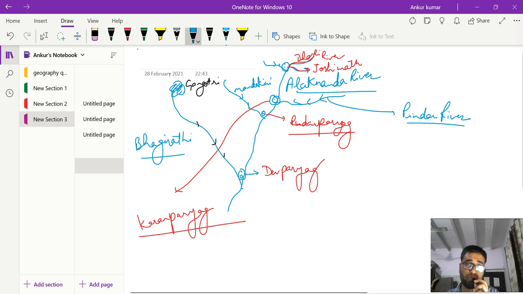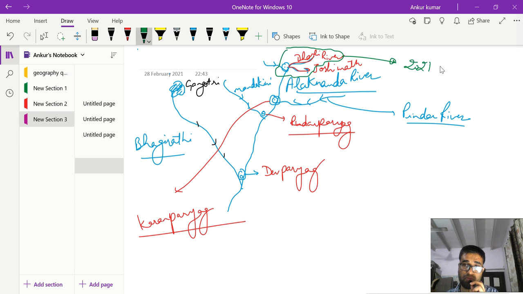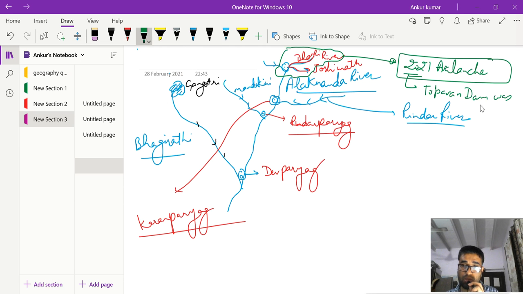This was the main stretch, let us say this Dhauli River, this Joshimath, this area hit by the 2021 avalanche, where the Tapovan dam was completely washed away.